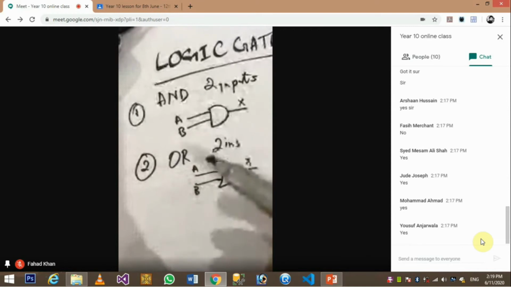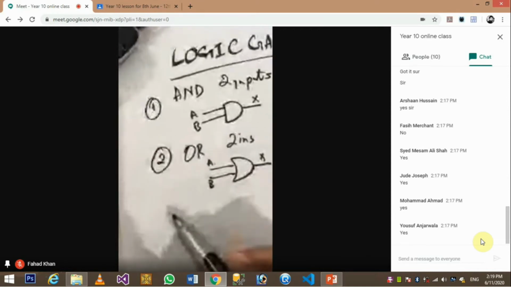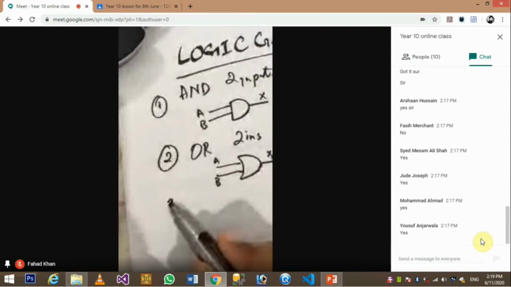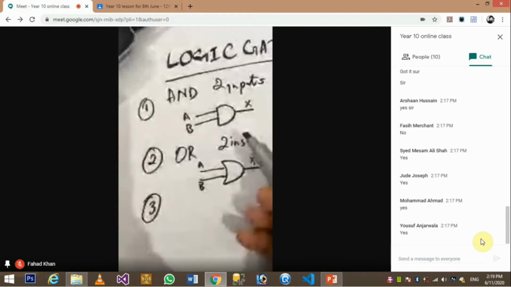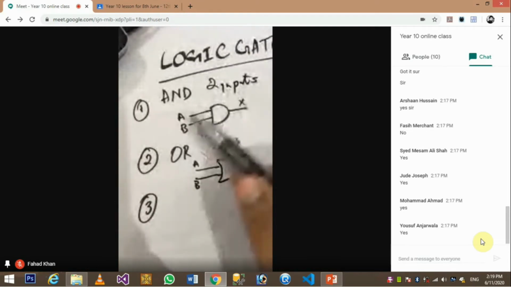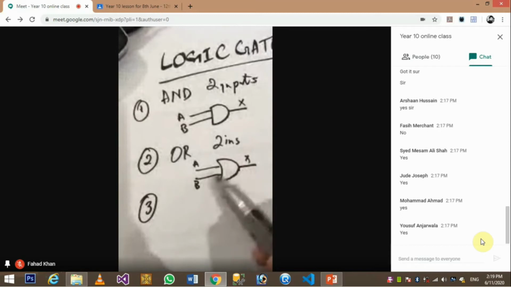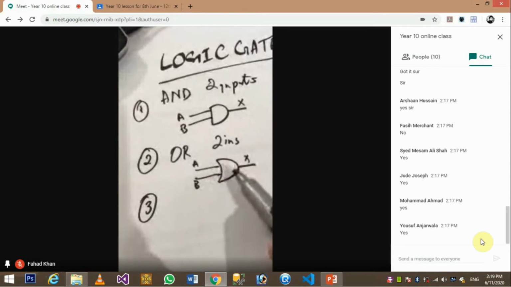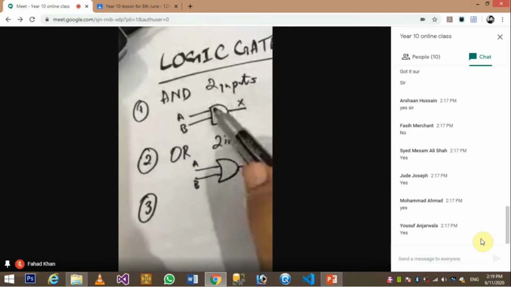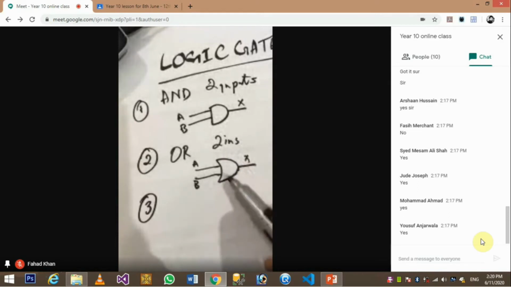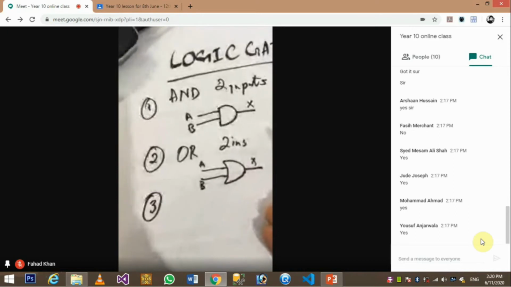AND gate we have, then OR gate. We need to memorize the symbols. That's the representation of AND, that's the representation of OR. You can see a slight difference: the AND gate is a D-shaped gate, and the OR gate has a bit of a curvy shape.